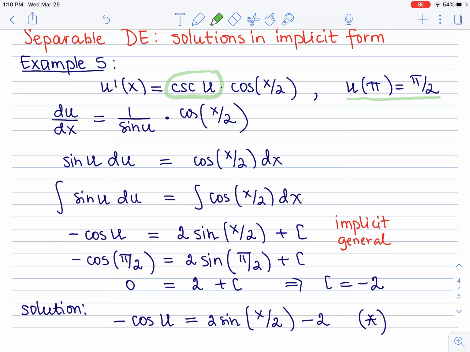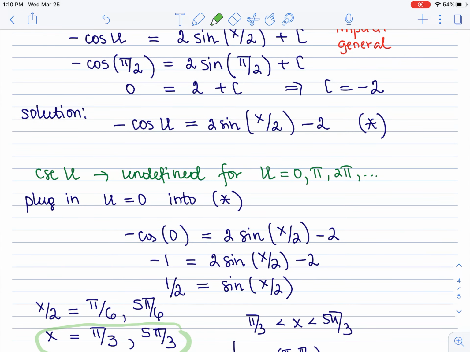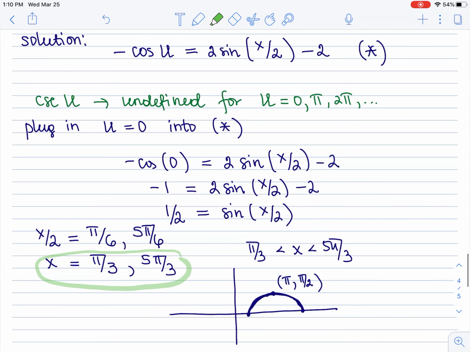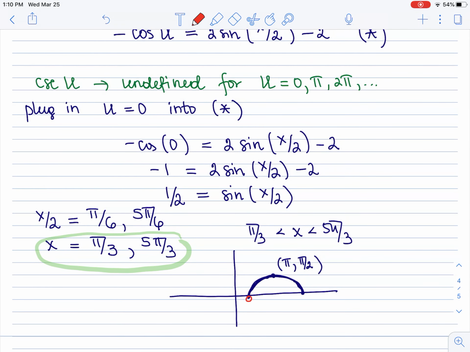In this case, cosecant is the one that brings discontinuity; cosine is defined for everything. So if u is equal to 0, we need to determine which points to exclude. These points, highlighted in red, are the ones we need to exclude from the domain.